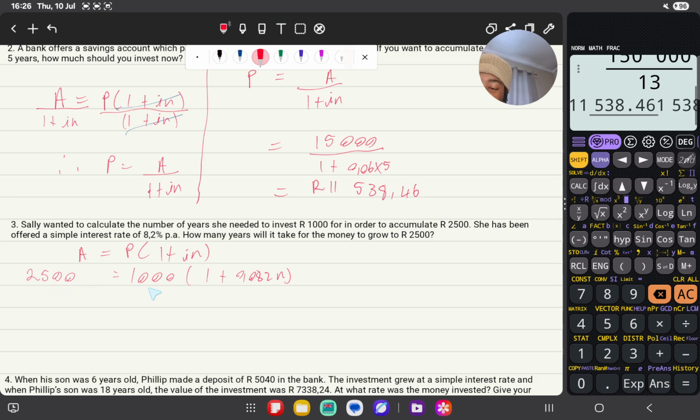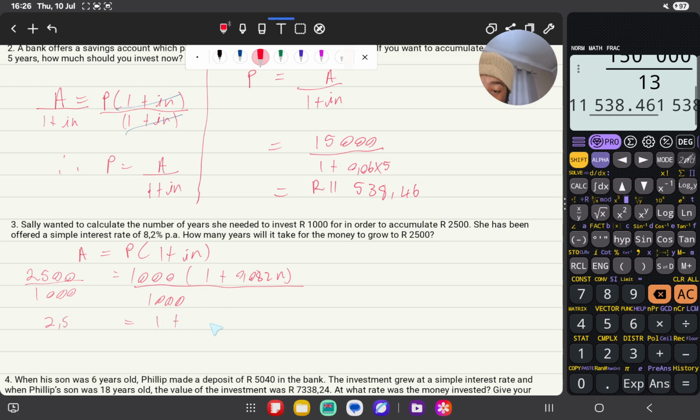The second step, you divide by 1,000, and you're going to get 2.5, right?